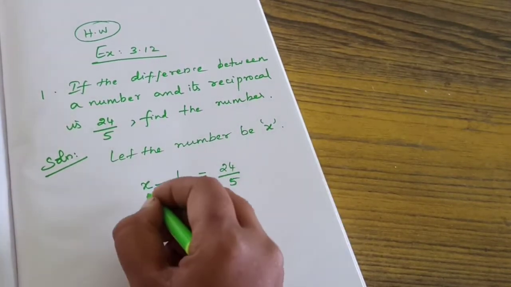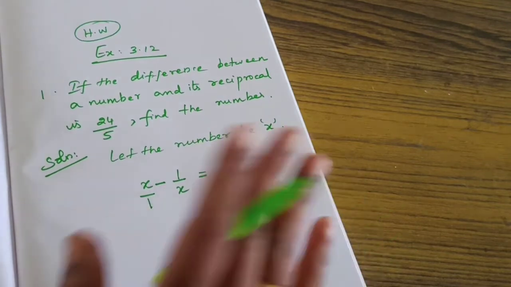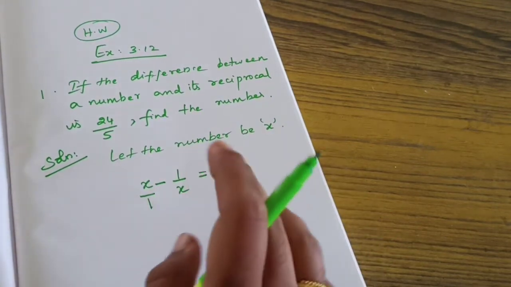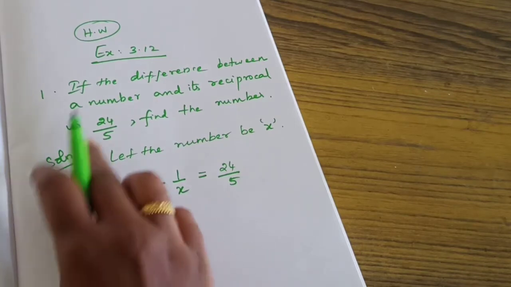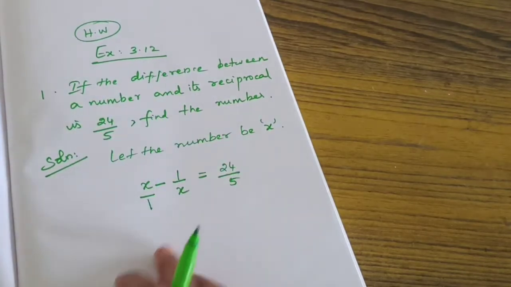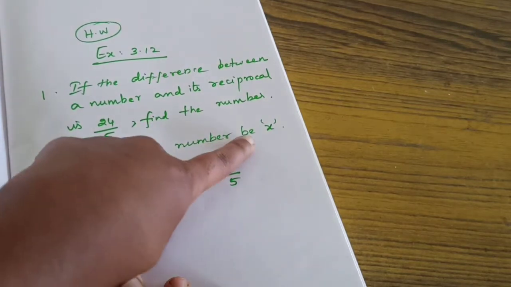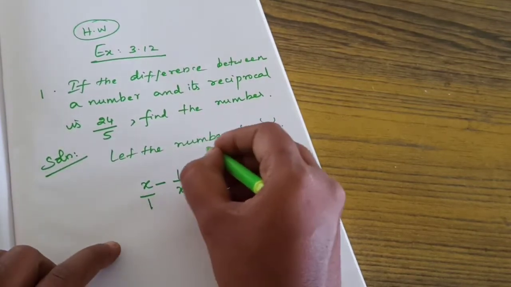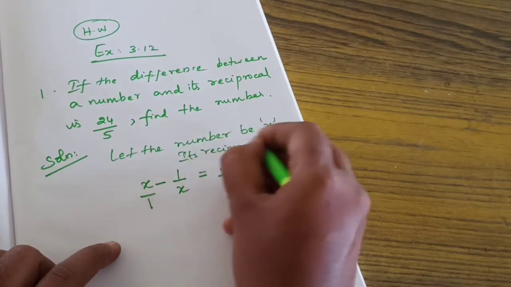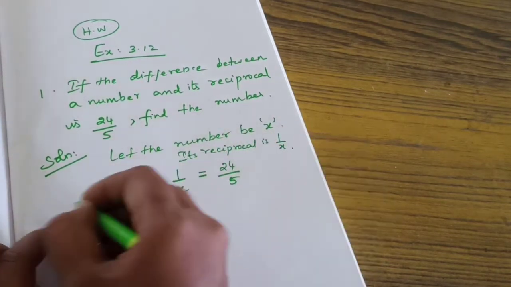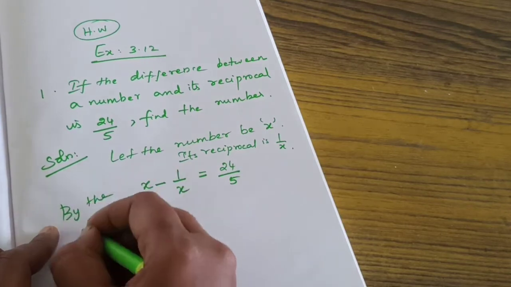And just take the LCM, convert it into a quadratic equation and find the answer for x. You will get it easily. So this question you can do as homework. Got the concept? You need to take the number as x and its reciprocal is 1 by x. So by the given data, steps you can write like this, okay?